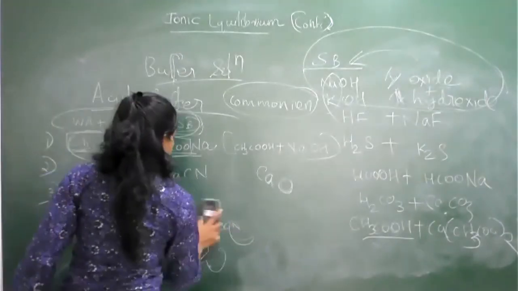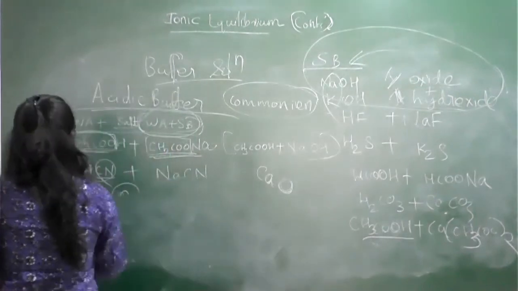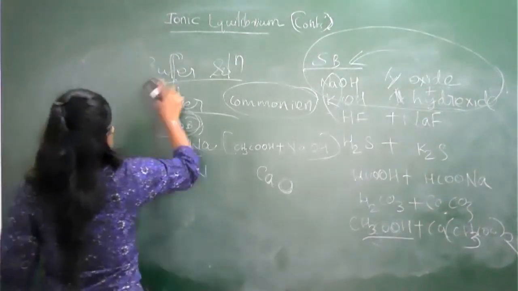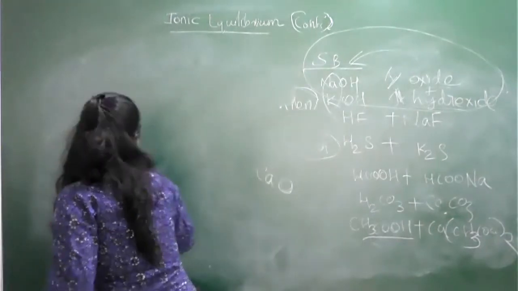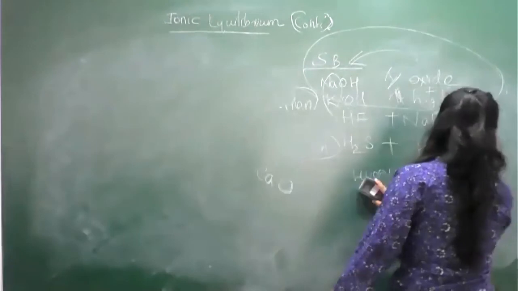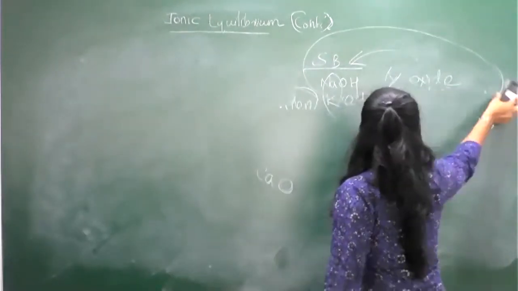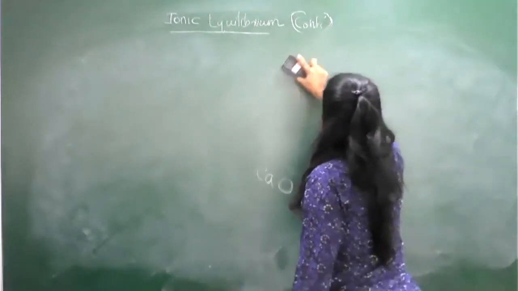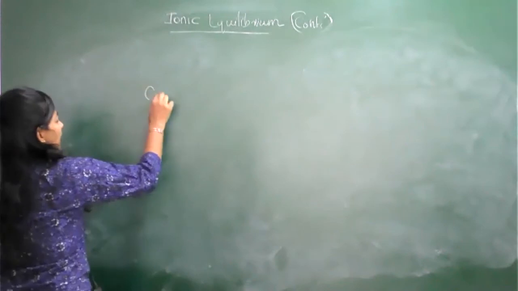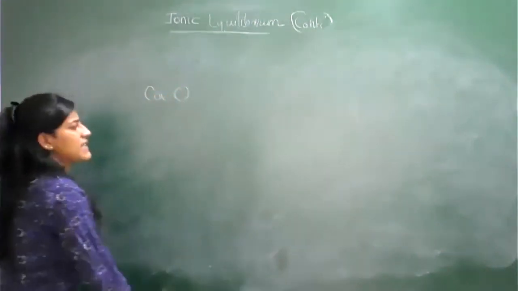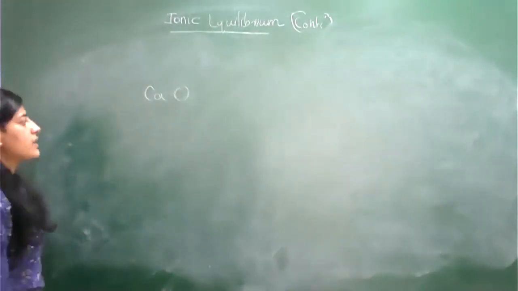One more thing, to find out acid or base. This is a basic concept. I don't know whether you know or not. Calcium oxide is a metallic oxide.